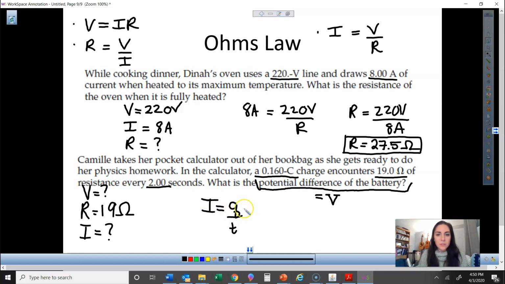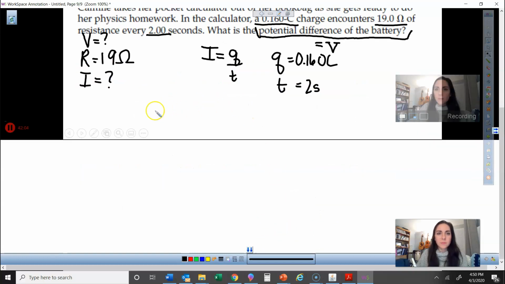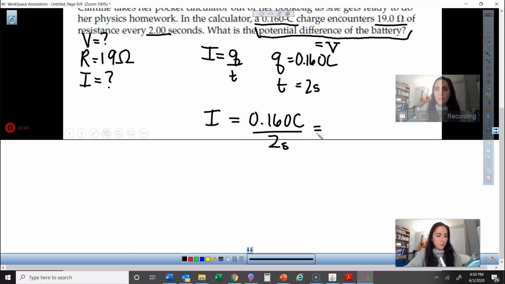I could do current as Q over T because we do have Q, which is 0.16 coulombs, and we have T, which is a nice convenient 2 seconds here. So what I'm going to do is solve for the current first by using the original definition of current. So let's go ahead and solve that.